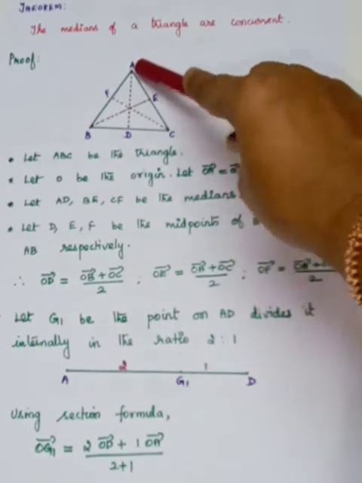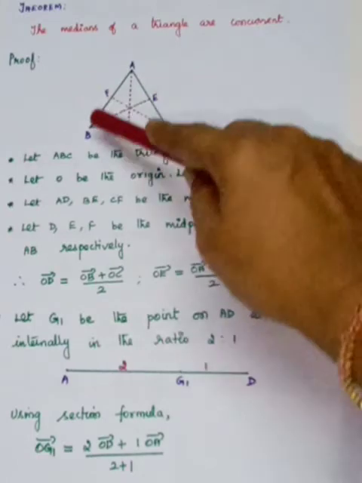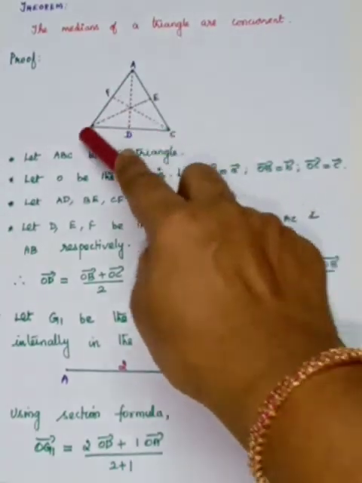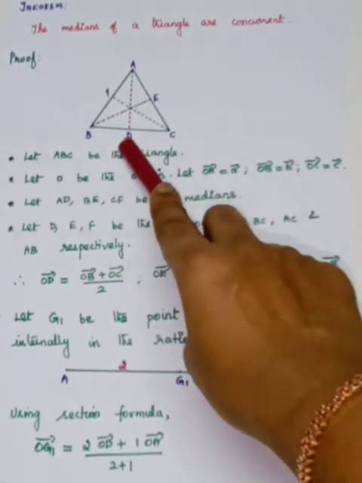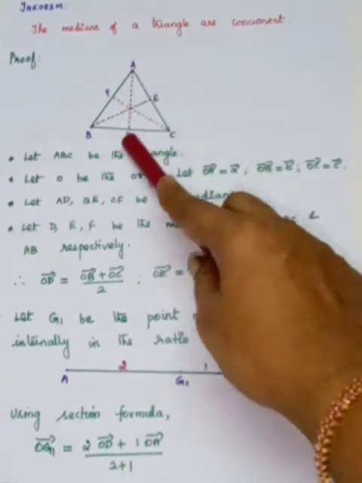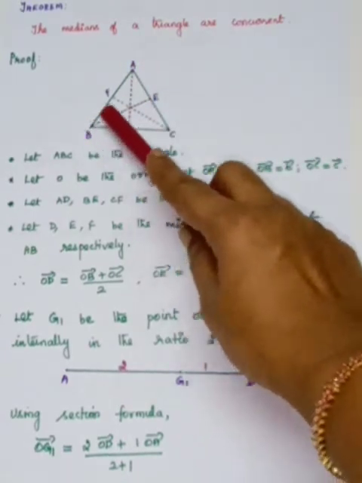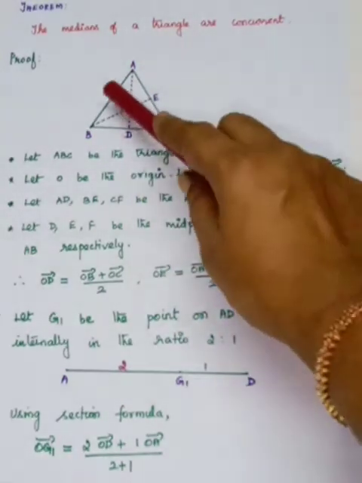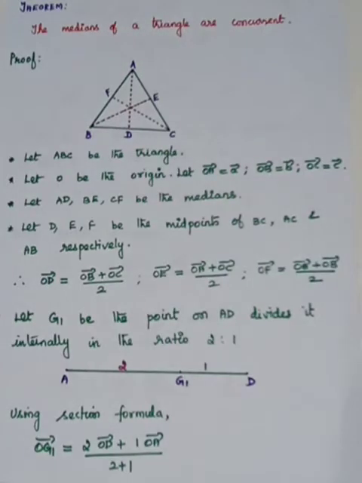Take the first vertex A; the opposite side of A is BC. On that BC you have to take the midpoint. So AD is one median, another median is BE, the third median is CF. The line joining the vertex to the midpoint of the opposite side is called the median.